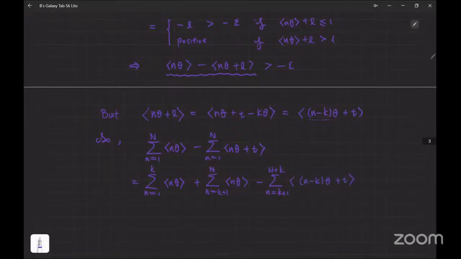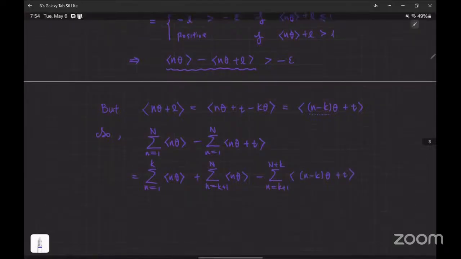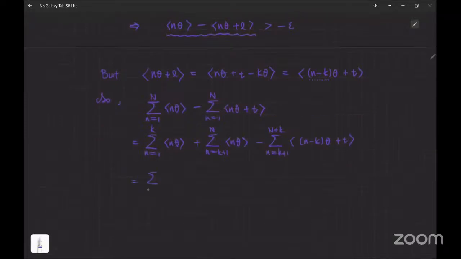Like that. We now combine. K to n of n theta minus n minus k theta plus t.